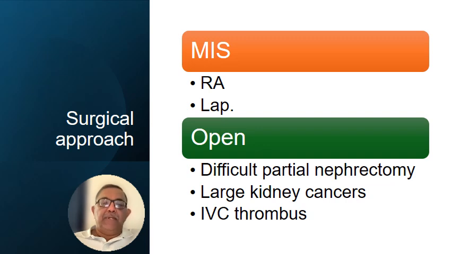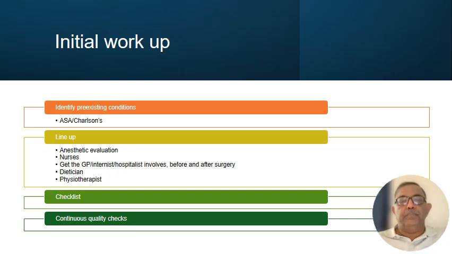It is particularly for difficult partial nephrectomies, very large kidney cancers, and patients with IVC thrombus, who are preferably treated by open surgery rather than by minimally invasive surgical technique. An ERAS protocol is equally applicable to both. Generally, people think that it is only for patients who are undergoing minimally invasive surgery, but that's not true.